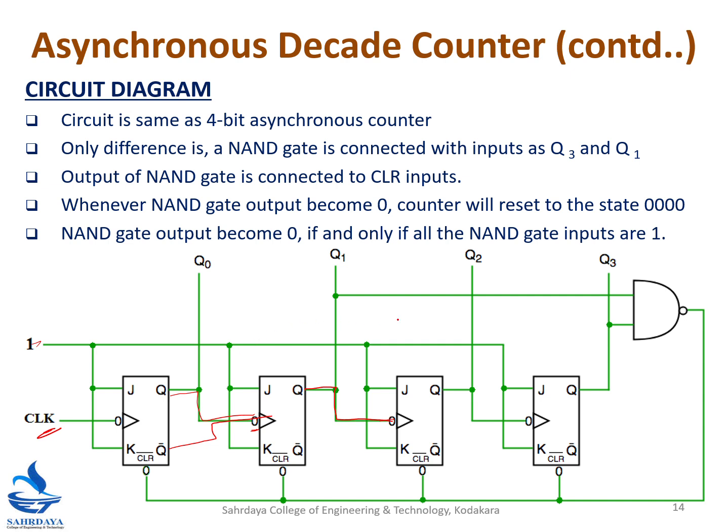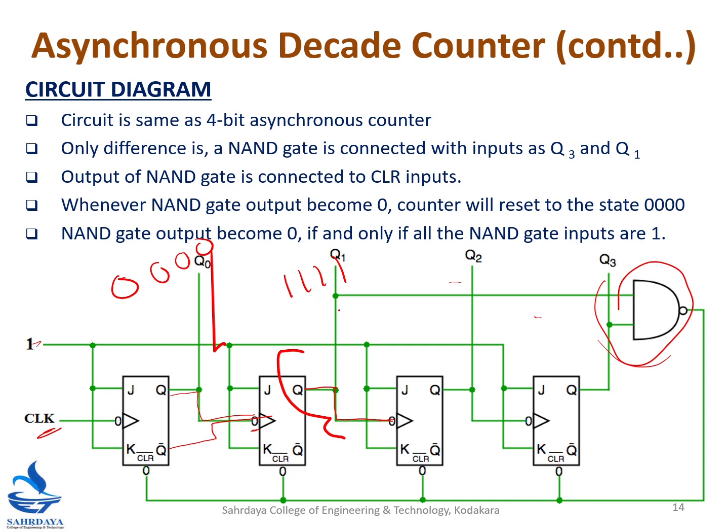Then the only change is that here we are using a NAND gate. This makes this counter a mode 10 counter. Actually, without this NAND gate, the flip-flops can count from 0, 0, 0, 0 to 1, 1, 1, 1.